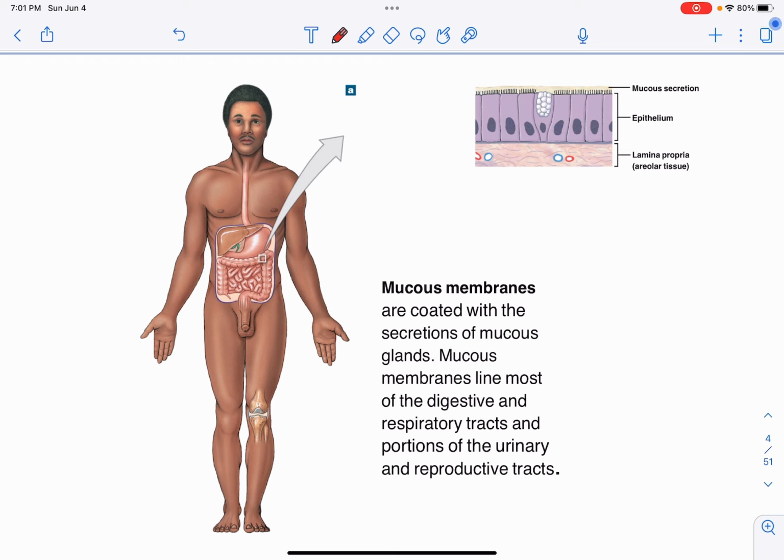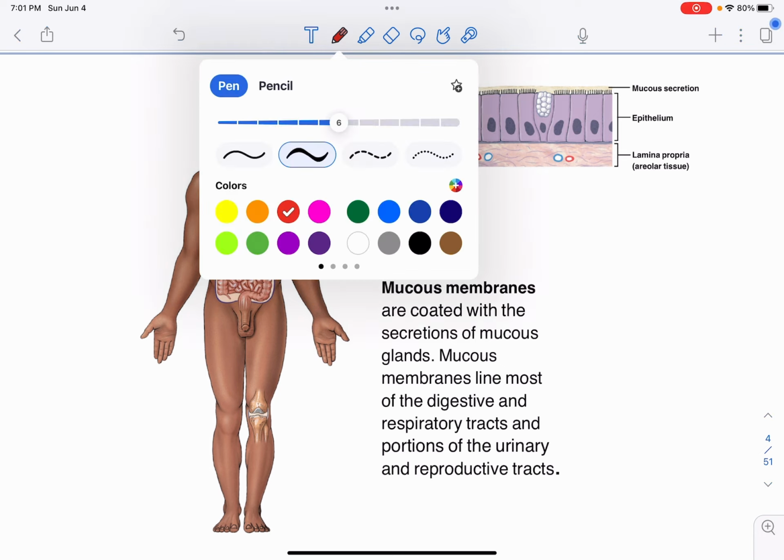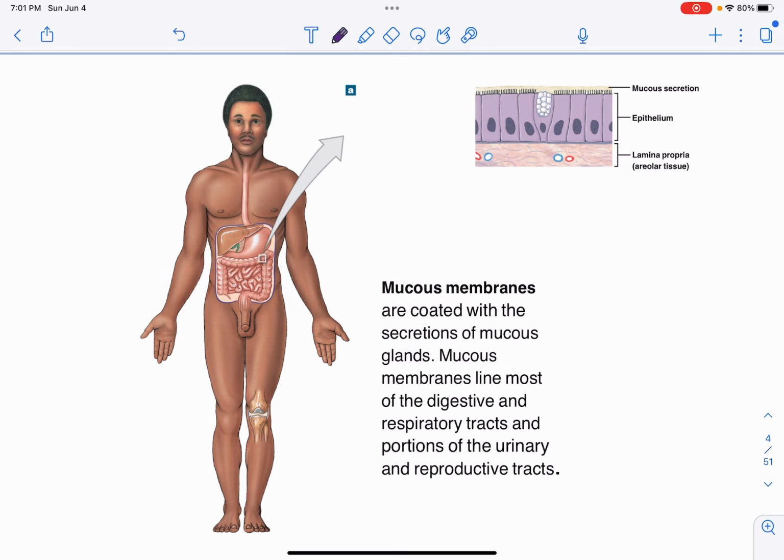So this means areas such as the digestive tract and the lungs and the airway. So the type of epithelial cells vary with these mucous membranes, and it depends on where you are in the body. But there is still, so here it's showing a simple columnar epithelium.